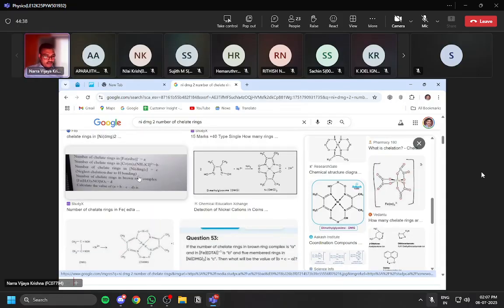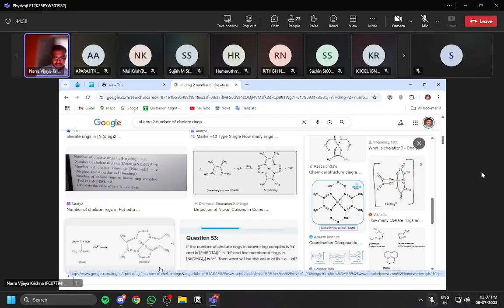Another question: number of chelate rings in Fe(EDTA), Co(en)2(NH3)CN, Ni(DMG)2, neglecting chelation due to hydrogen bonding. They mentioned it, so how many? What is the value of C now? 2. Are you able to understand?